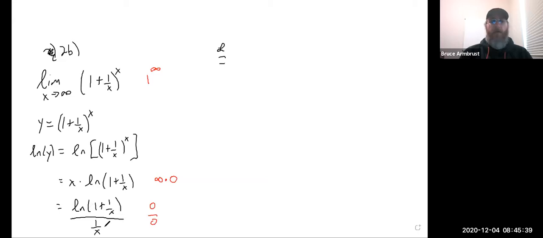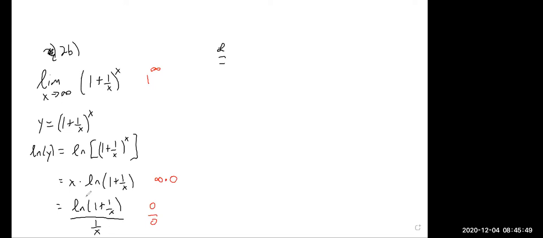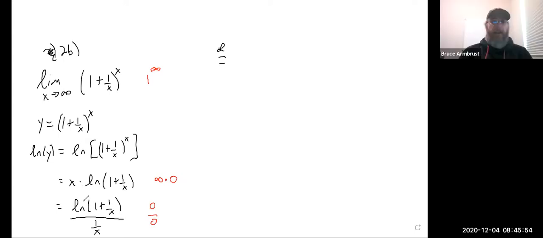Dividing by 1 over x, think about fractions, division. You can flip it and multiply. So that's exactly the same as multiplying by x, right? Oh, I see. Okay, sorry. I was just thinking about the 1 over x in the parentheses and I got confused. Gotcha. Yeah, that 1 over x is coming from this guy, became 1 over x.